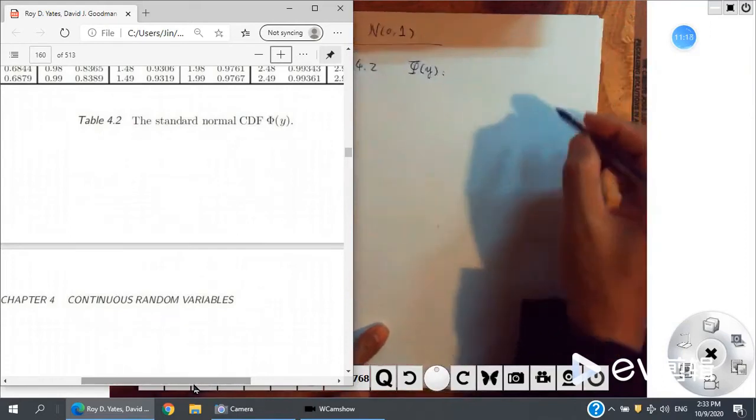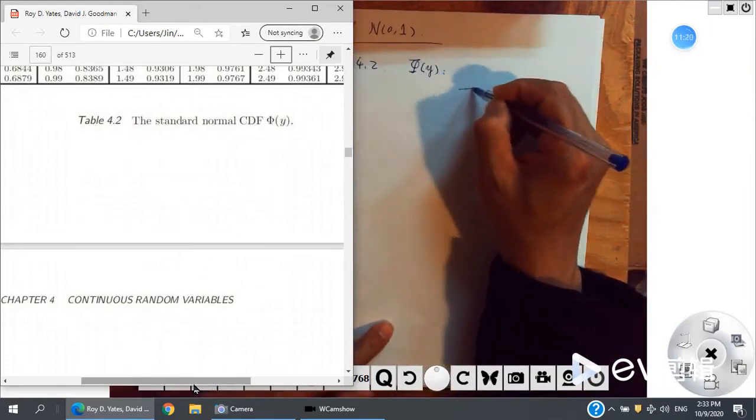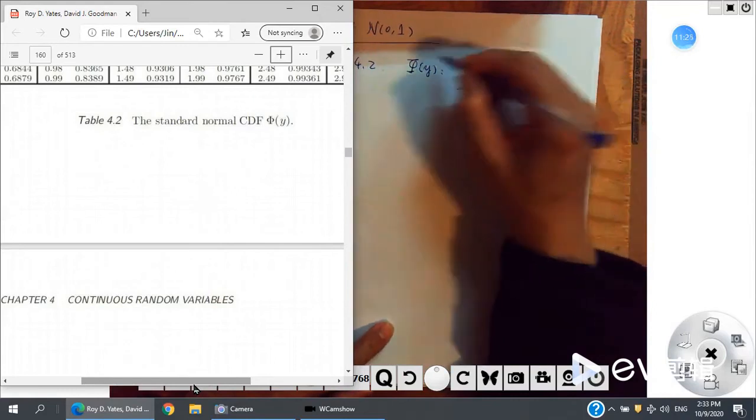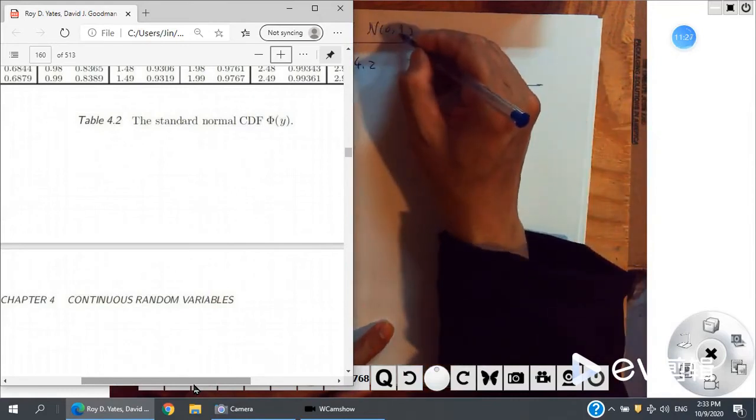Here I give the graph. It is N(0,1), right?